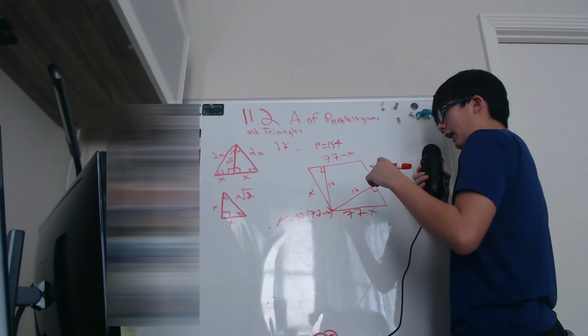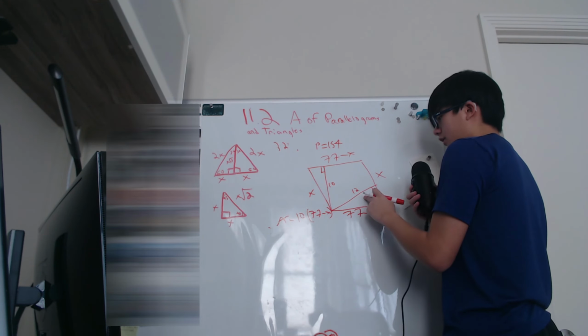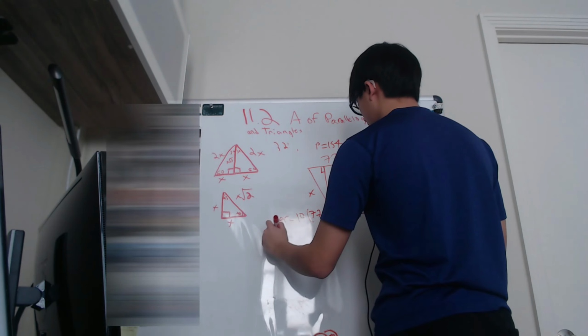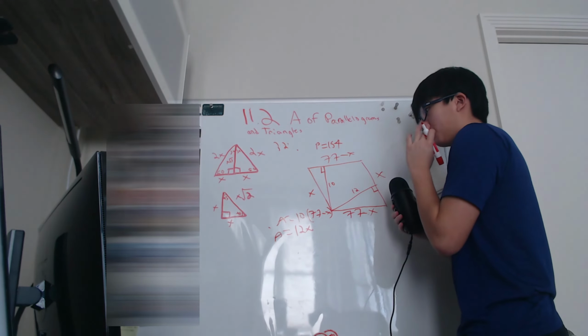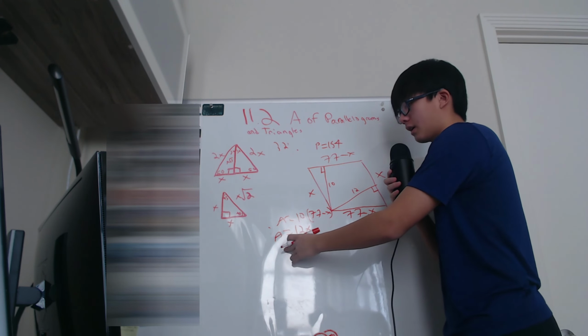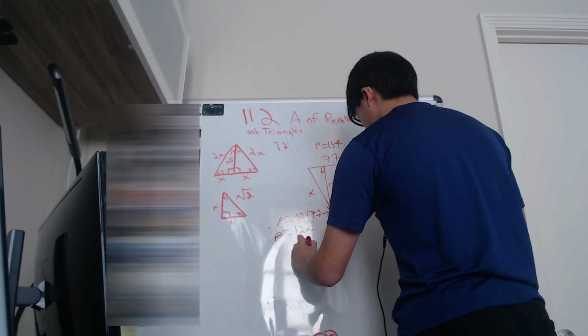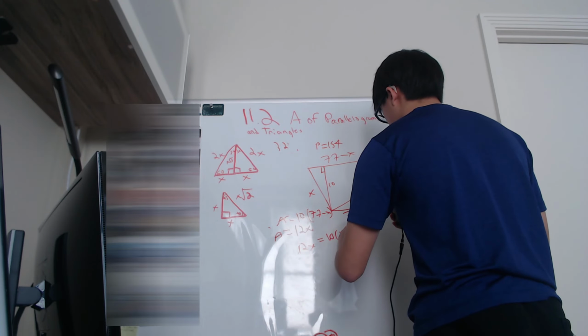And we also know that if this side is x and the height here is 12, then the area will also have to equal 12x, or base times height. And because both of these equal the same thing, we can set them equal to each other. So 12x is equal to 10 times 77 minus x.